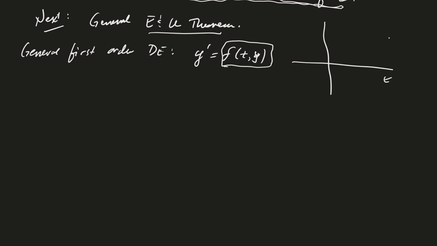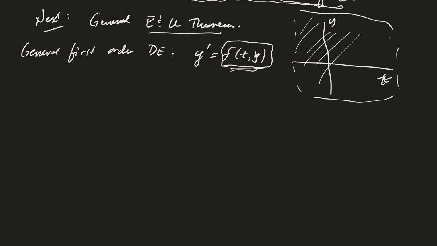Notice that this is the domain of f, t, y. It's the ty plane, right? And so when you're talking about where f is continuous, where f might be differentiable even, what we're talking about is your domain is going to be two-dimensional. So some people are a little bit thrown off by the existence and uniqueness theorem, the way we're going to write it.